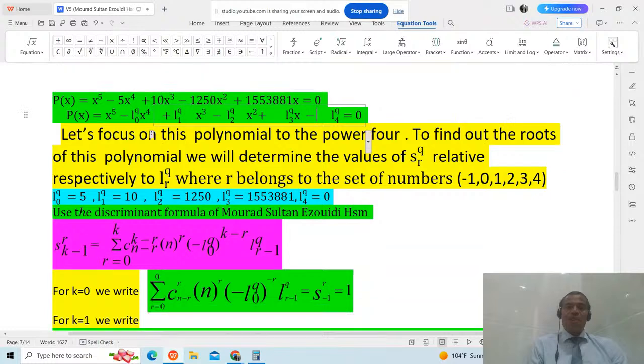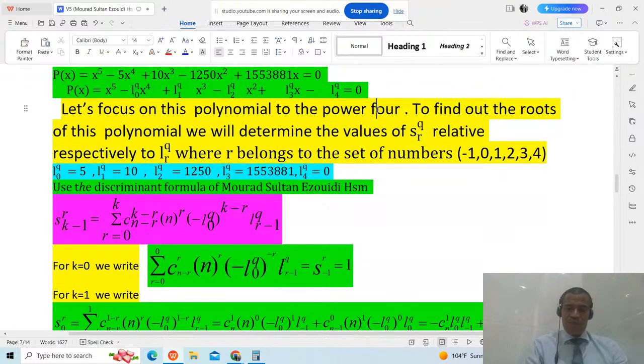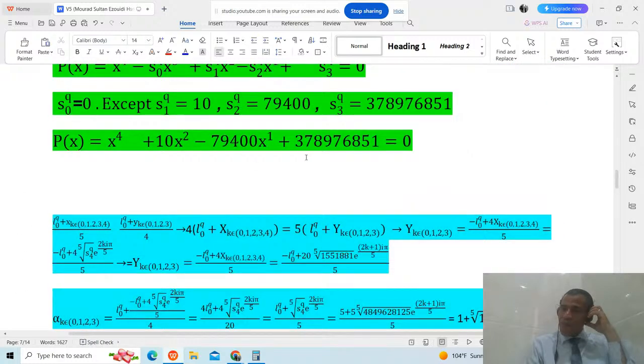And get the values of S1, S2, S3, S4. You can see that this is a polynomial with highest power 5, learners. To find the roots of this polynomial, we should determine, learners, the value of SR. The value of SR has to be different from the value of SR including to the power 4, meaning they are never equal.